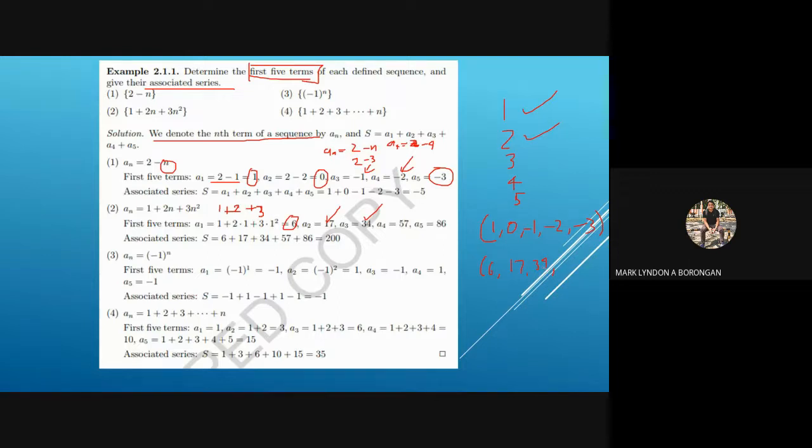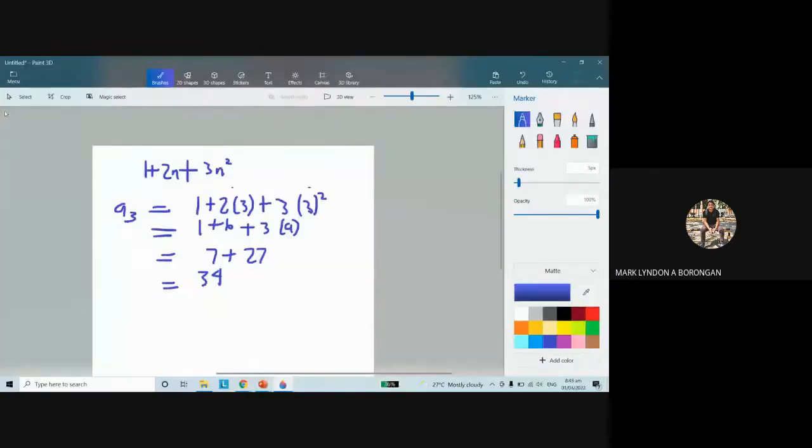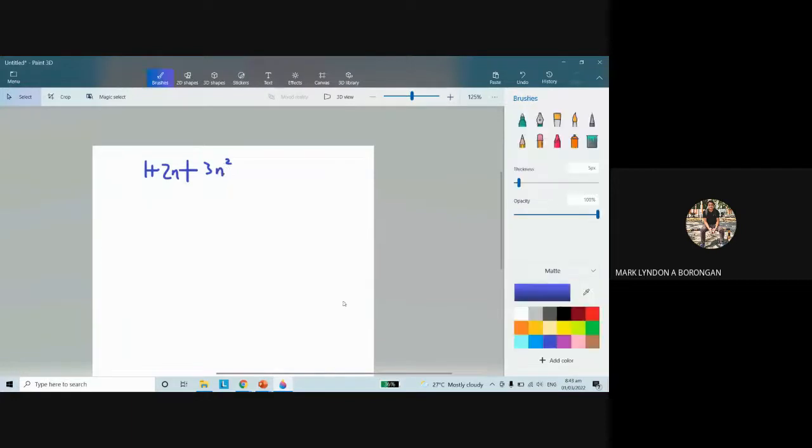Next is a sub 4. If a sub 4, you know this already. So, the number 4 is what we substitute. So, 2 times 4 plus 3 times 4 squared. Remember, it is squared. Now, let's perform the indicated operations.